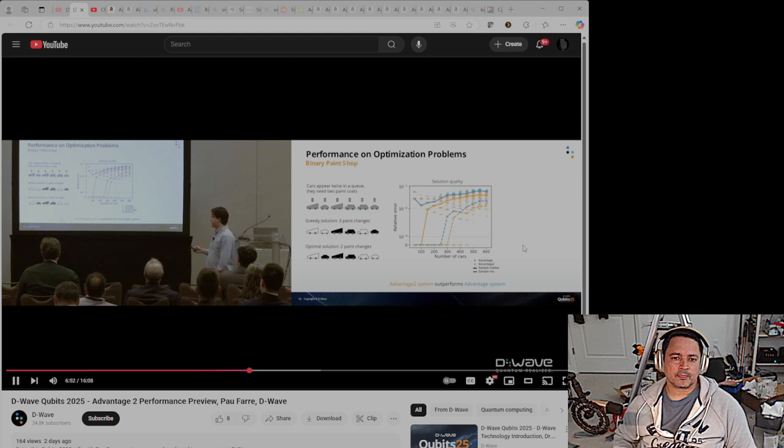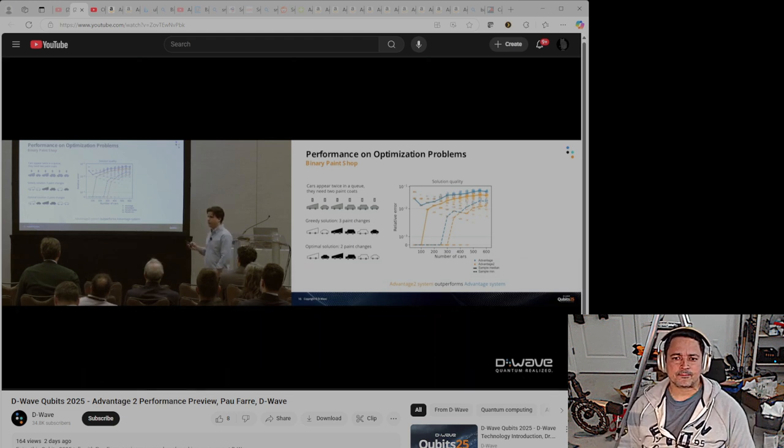This is how the Advantage 1 and Advantage 2 systems perform on this problem when asking the QPUs for 500 microsecond anneals and 1,000 reads. Again, 1 programming per problem. On the y-axis we have relative error, and we want this value to be the smallest possible. If you got a relative error of 0, that means that you found the optimal solution.